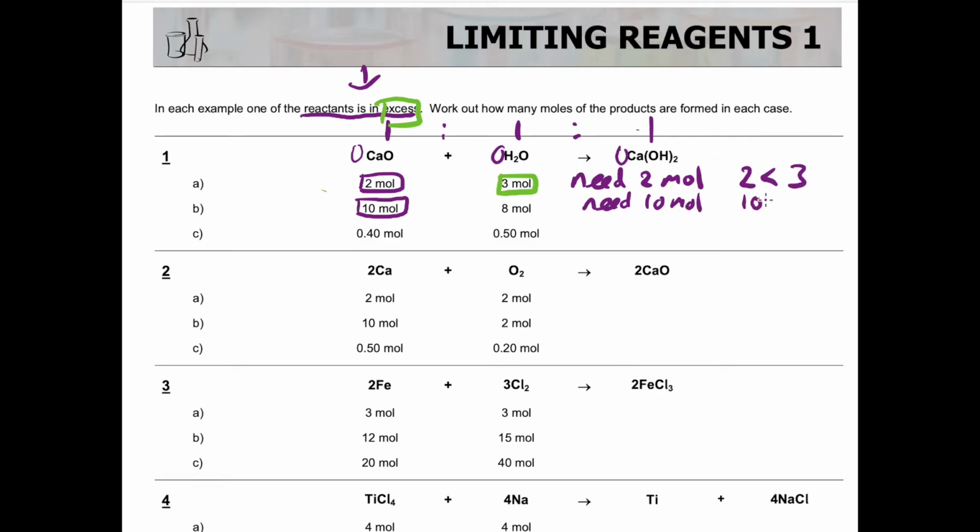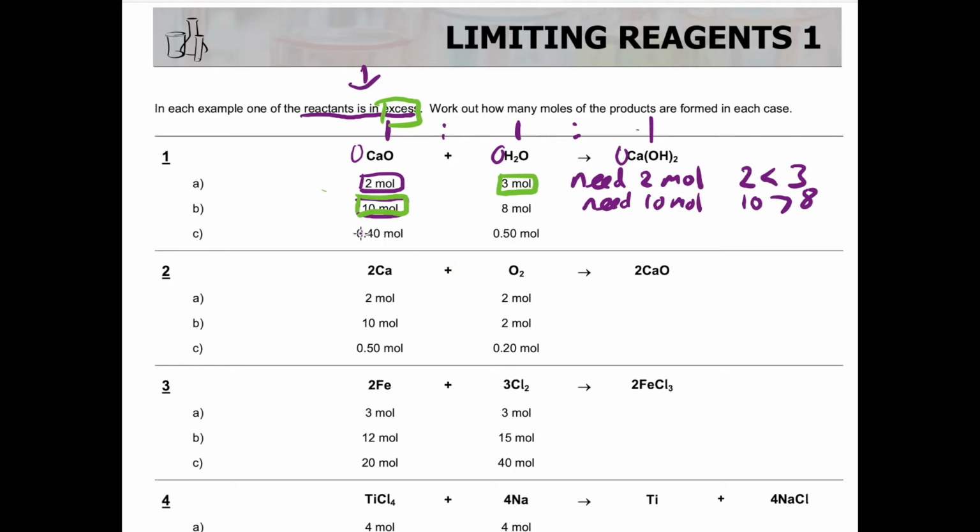Now this 10 moles is greater than the 8 moles that we have, so that tells us that our calcium oxide is in excess and our water is what's limiting, because we don't have enough water to completely react with all of that calcium oxide.